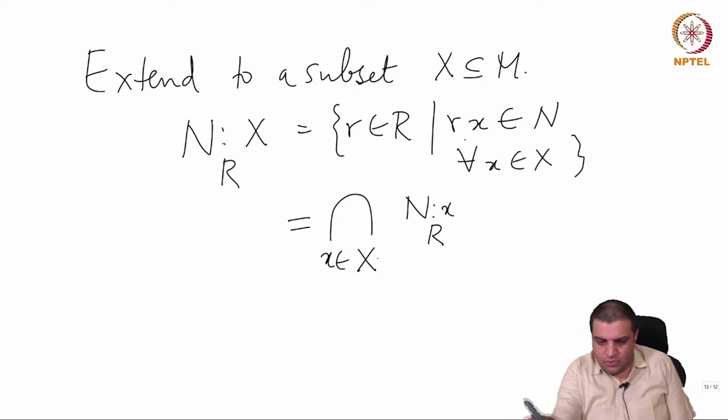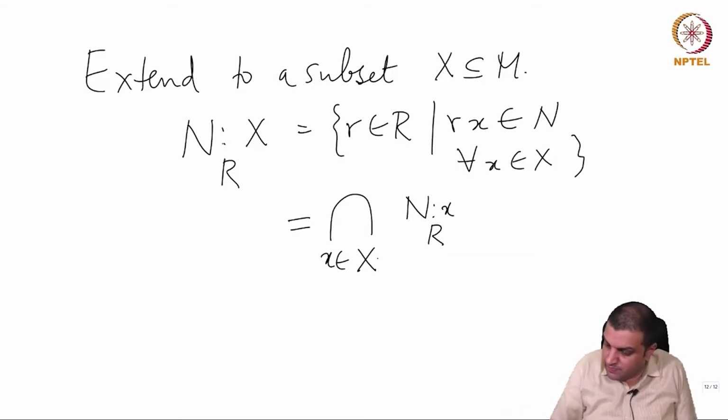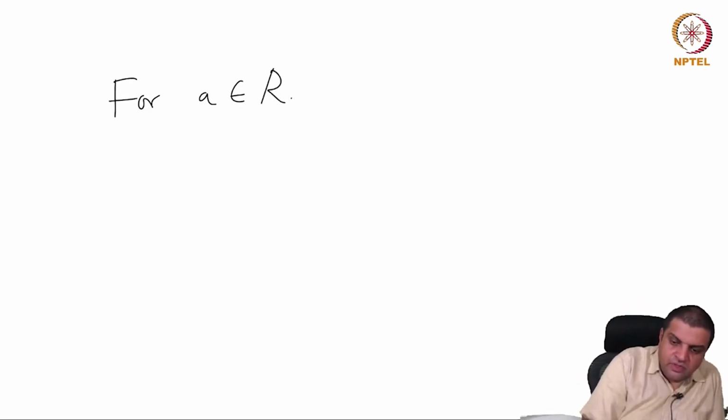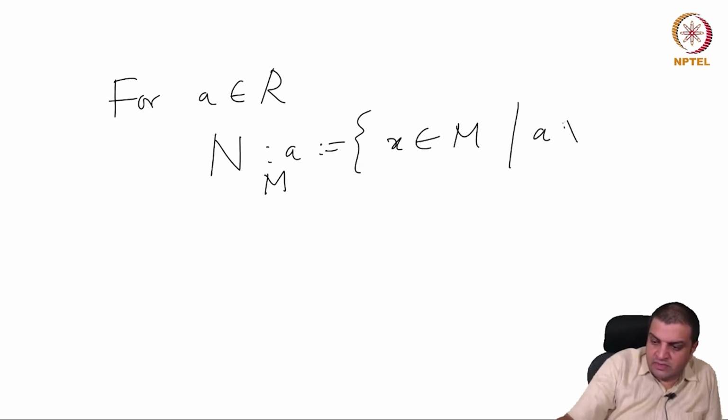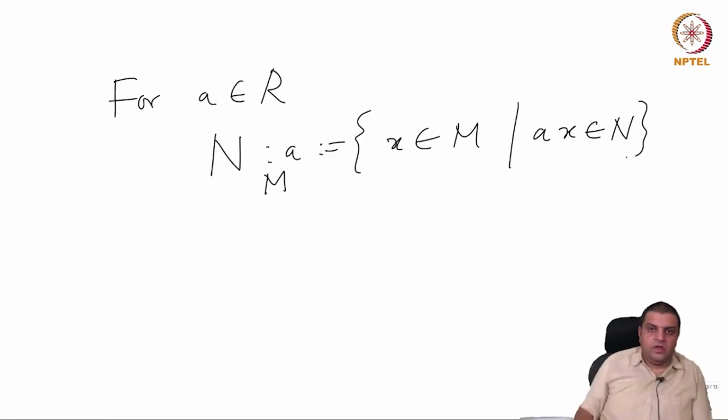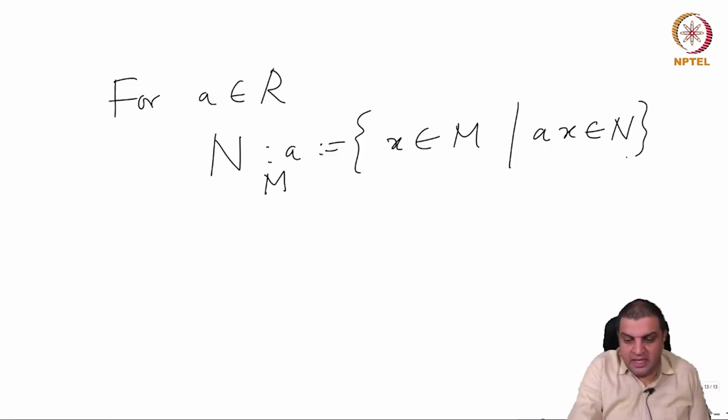Now, we can also reverse the role of R and M in this case. Okay. We can ask for a inside R, we can write N colon a, but now it would be over M, and that is just elements x in M such that ax is inside N. So these are the elements of M that multiply a into N. Okay.